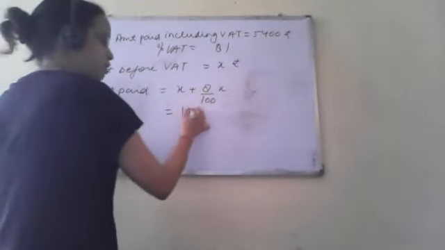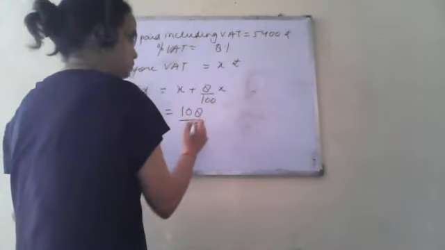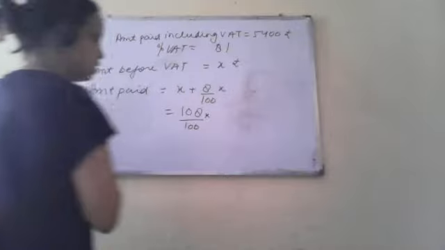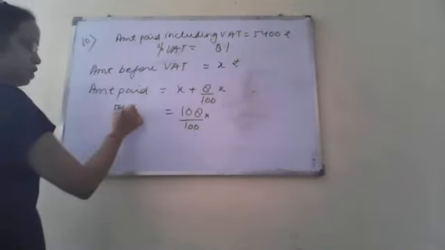It comes out to be 108X upon 100, and it is equal to 5400.